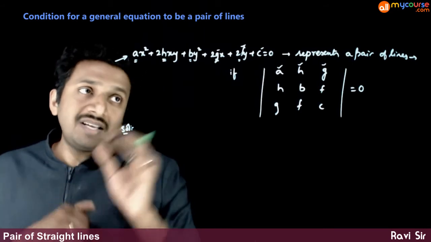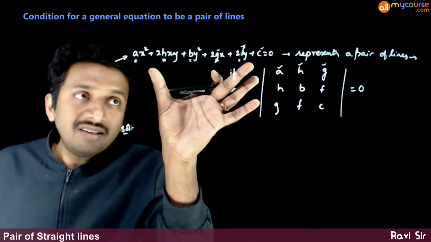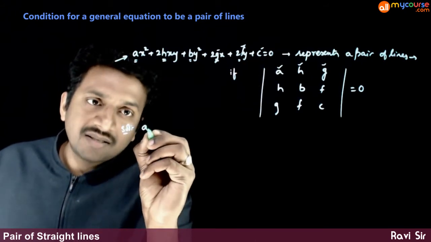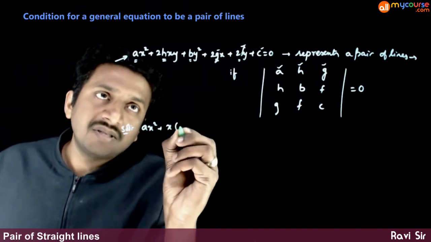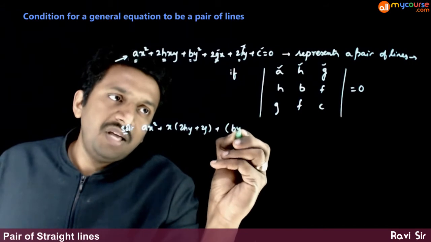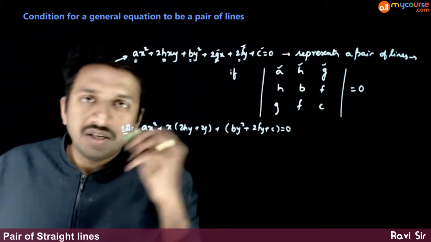As we have already seen, how do we factorize this? We factorize this by assuming that this is a quadratic in x. So ax square plus x times (2hy plus 2g) plus by square plus 2fy plus c is equal to 0.